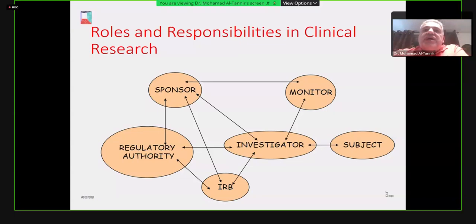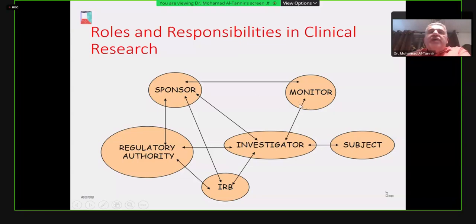Second is the sponsor. The sponsor has many responsibilities in the conduct of a clinical trial. The sponsor should provide a well-written clinical protocol, provide the investigator brochure, make an agreement with the institution, and provide the investigational product in the best quality. Sometimes the monitor is different from the sponsor, and sometimes the sponsor itself conducts the monitoring.